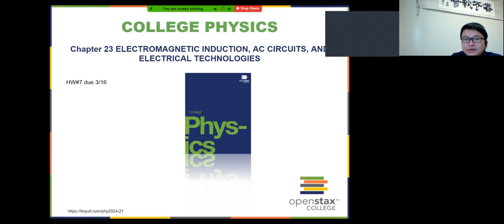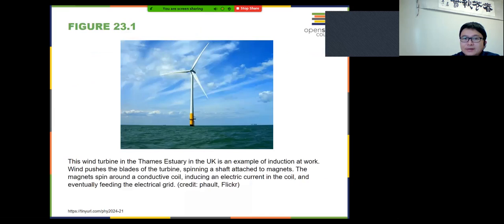Okay, so we'll get started. Today we'll be looking into chapter 23, electromagnetic induction. The greatest application of electromagnetic induction is the electric generator. These days we see new kinds of generators like wind turbines, which are clean energy.